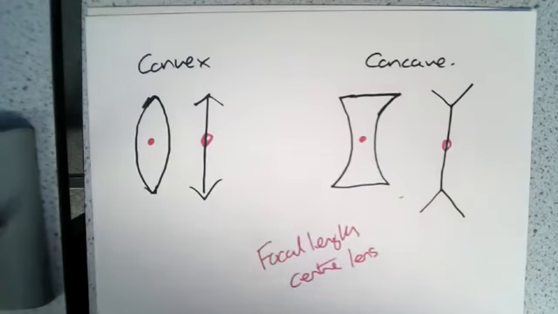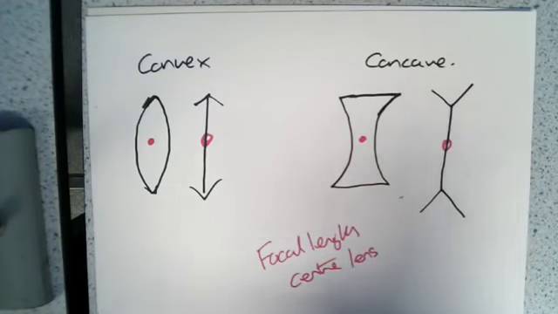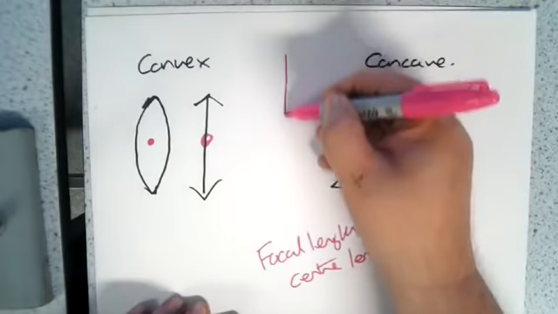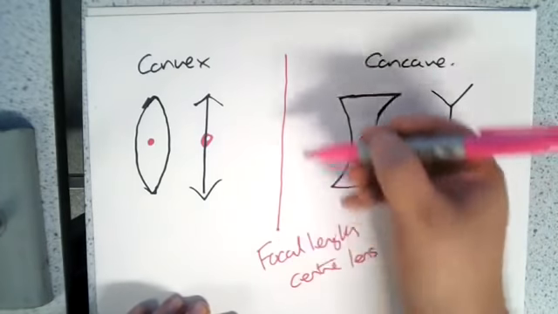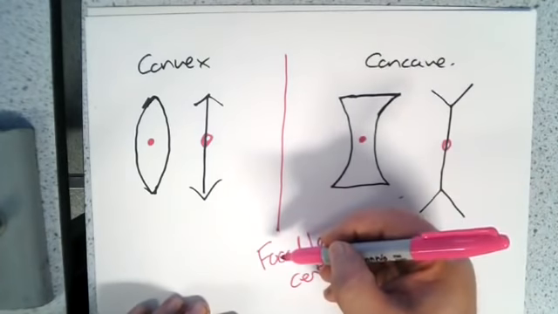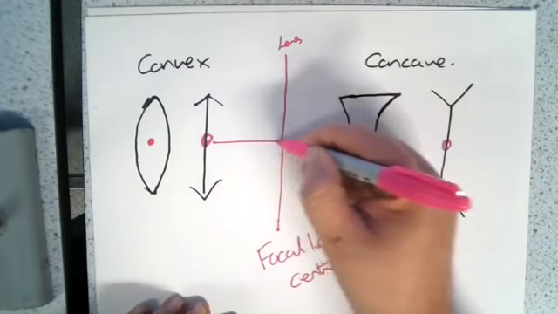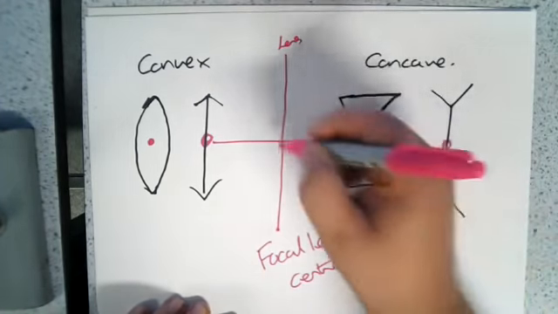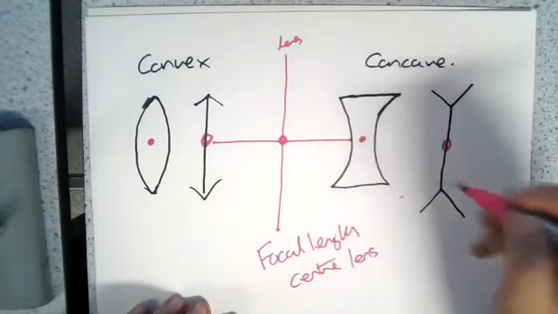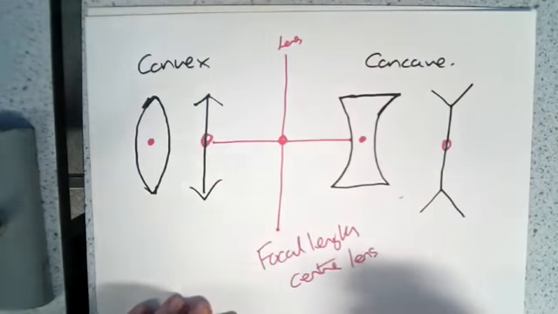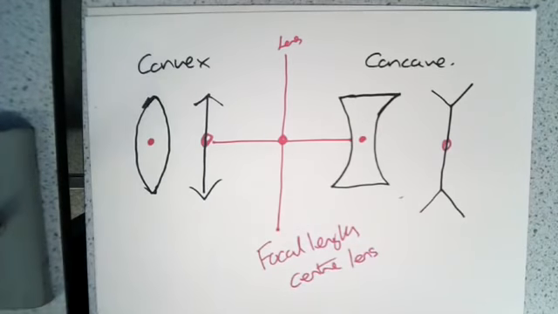And that makes it much easier for us to work out. So if I was actually doing a drawing of a lens and how a light behaved, I would use a graph axis. So my vertical is representing my lens, and I would have a horizontal, okay, and right in the center here is representing the center of both of those lenses.